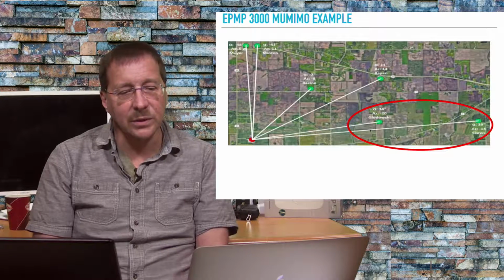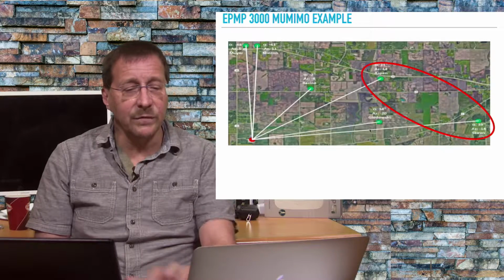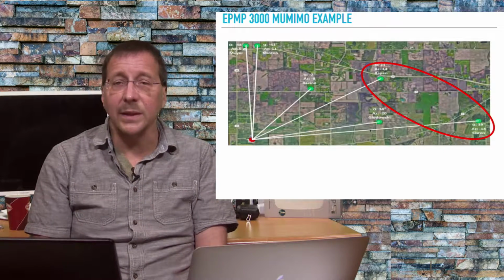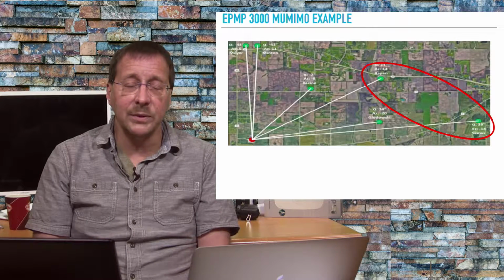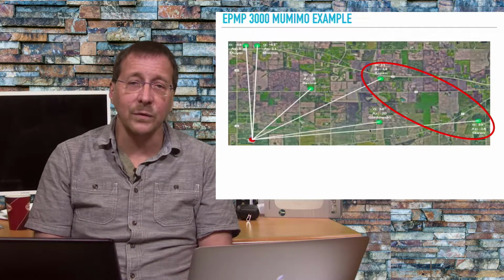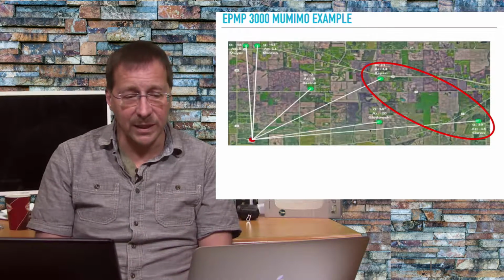So those two SMs could not communicate at exactly the same time. However, if you had data going to these two SMs, the AP would say, they're able to be spatially separated, therefore I can send data at the same time to those SMs.